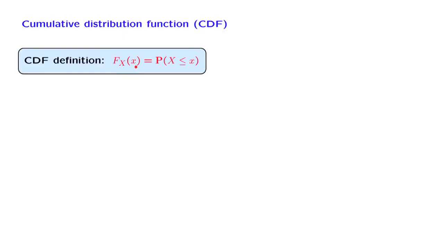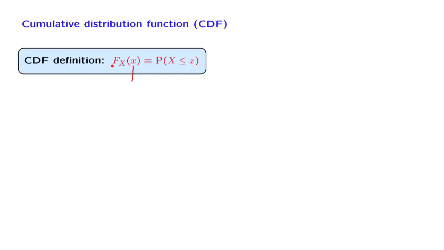This leads us to describe the distribution of a random variable in a new way in terms of a so-called cumulative distribution function, or CDF for short. A CDF is defined as follows. The CDF is a function of a single argument, which we denote by little x in this case, and it gives us the probability that the random variable takes a value less than or equal to this particular little x.